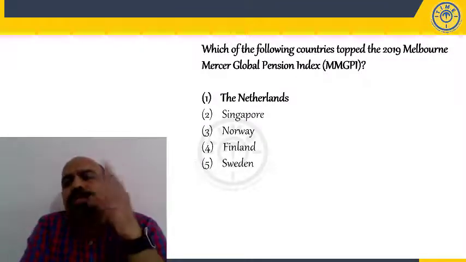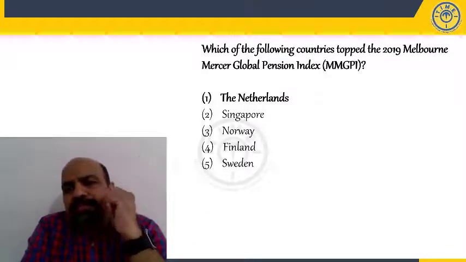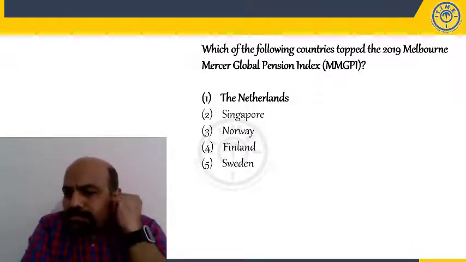Which of the following countries topped the 2019 Melbourne Mercer Global Pension Index? Netherlands. See, you write one line.